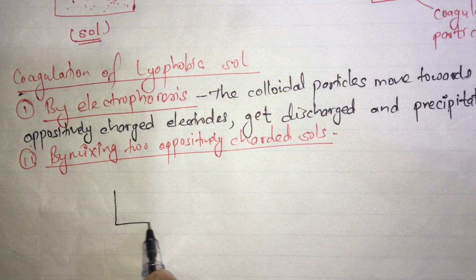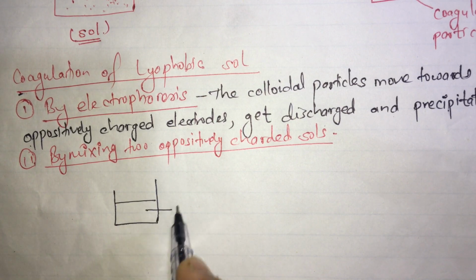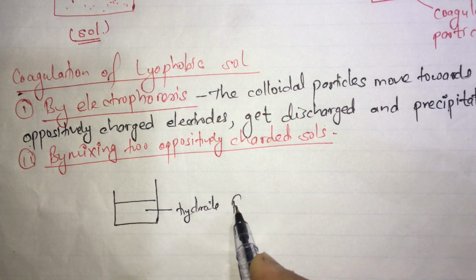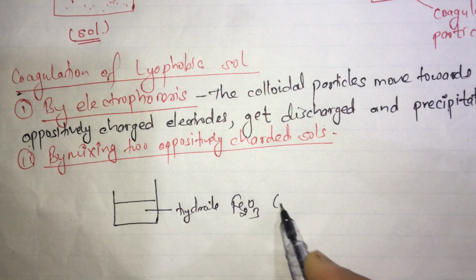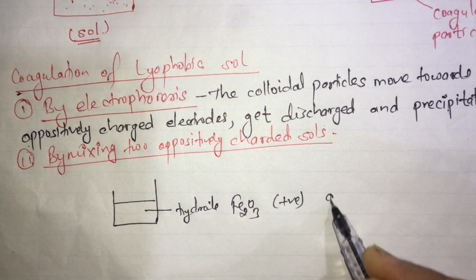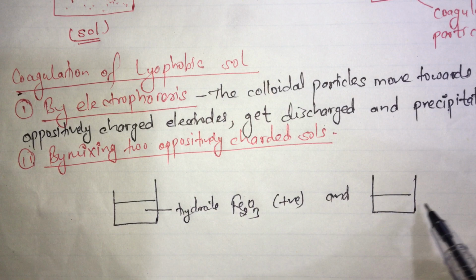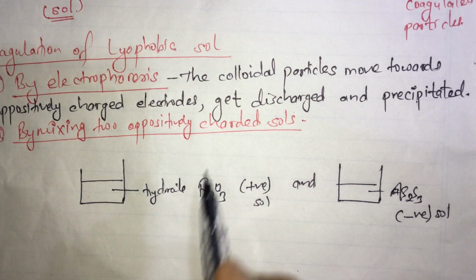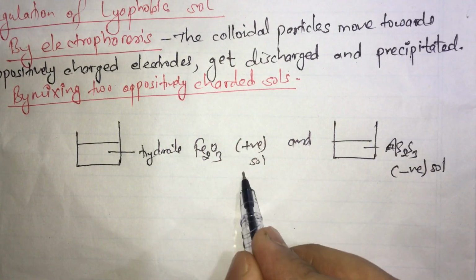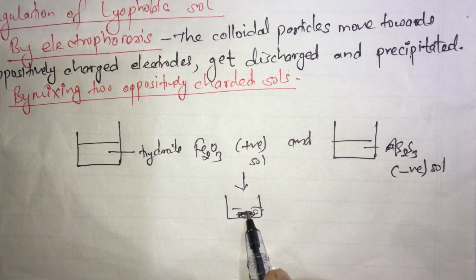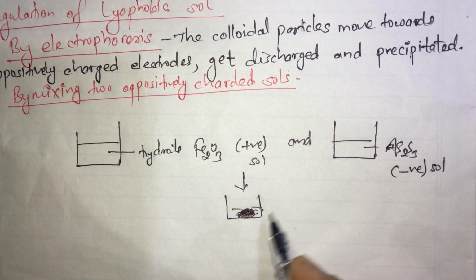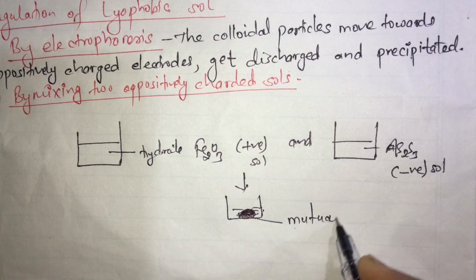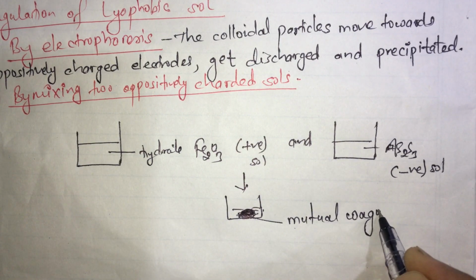For example, mixing of hydrated ferric hydroxide, which is a positive sol, and arsenous sulfide, which is a negative sol, brings them to the precipitate form. This type of coagulation is also known as mutual coagulation.